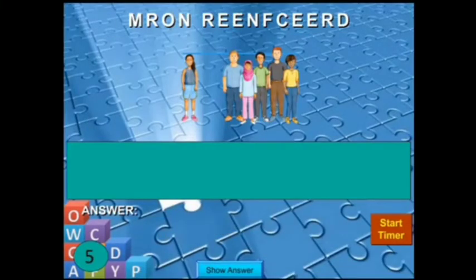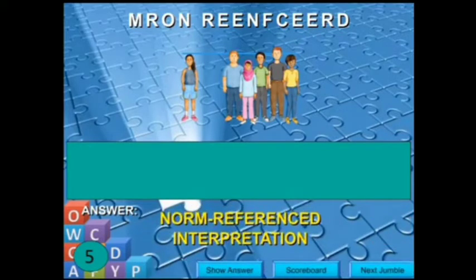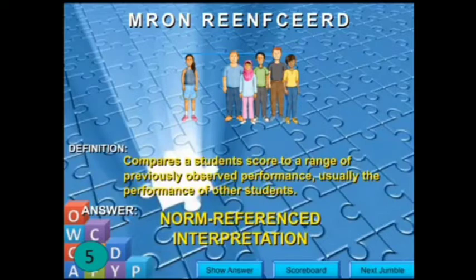Round 5. Time starts now. Time's up. The answer is norm reference interpretation. It compares a student's score to a range of previously observed performance, usually the performance of other students.